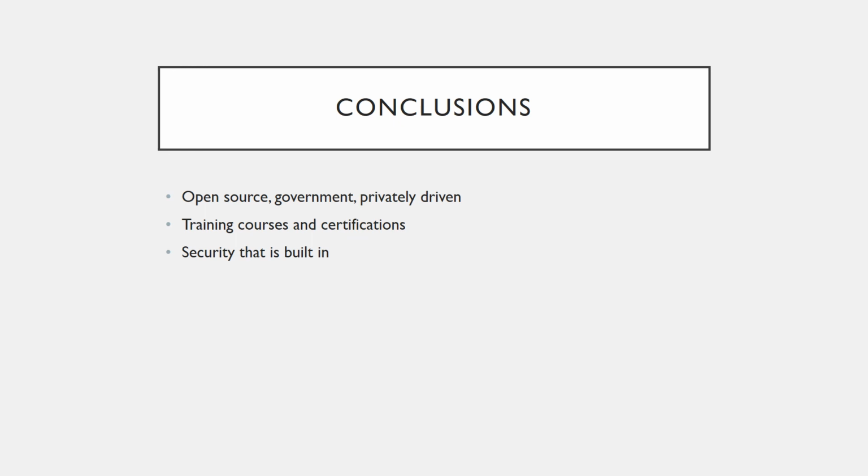Additionally, we also have training courses and certifications, and they provide education and validation of information for managers, security personnel, and software developers. They're a key initiative that should definitely be included in software security initiatives. And as has been stated in many reports, security should be built in, not bolted on.